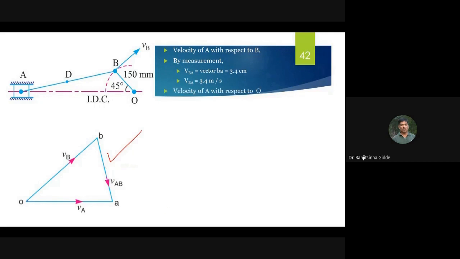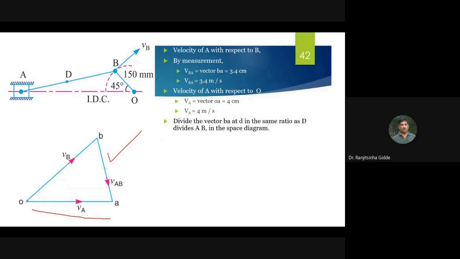Again, for the velocity of A with respect to O, we need to measure this, and we have written VA is equal to vector OA is equal to 4 centimeter. So VA is equal to 4 meter per second.